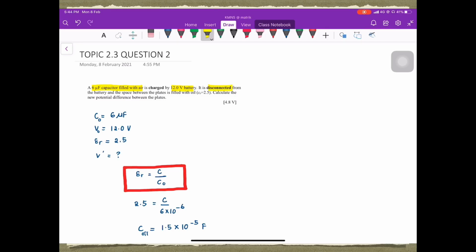So the main concept is that during disconnection, Q is constant, right? The battery is disconnected and the space between the plates is filled with oil. So oil becomes the dielectric. Alright. So calculate the new potential difference.